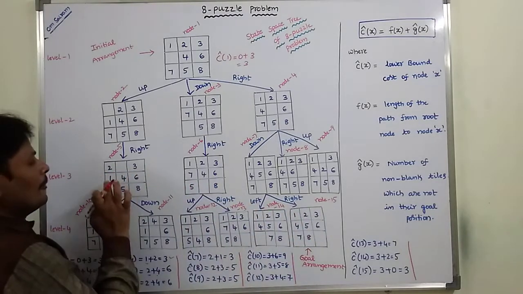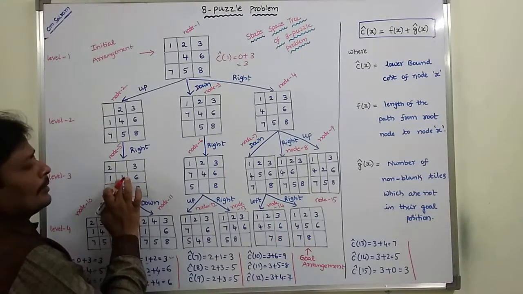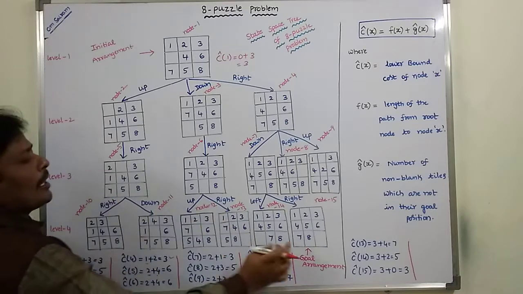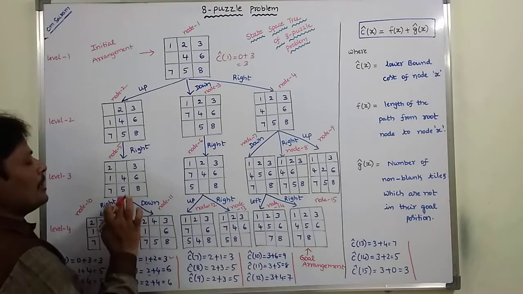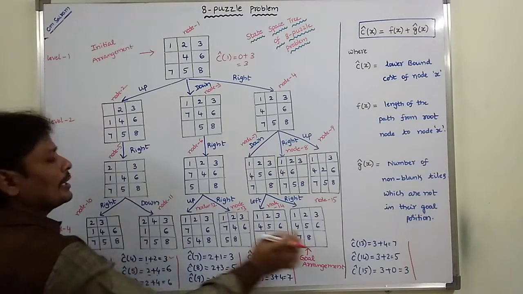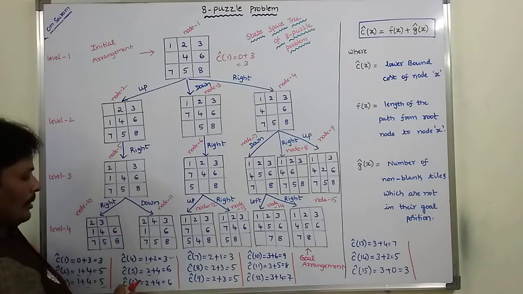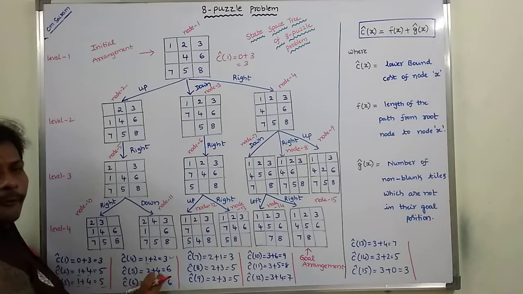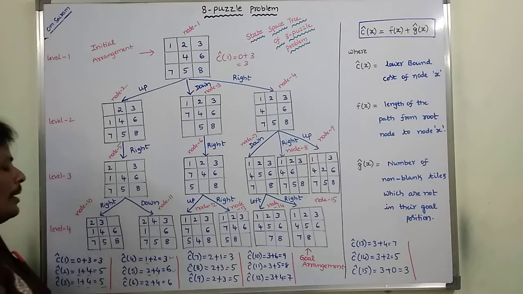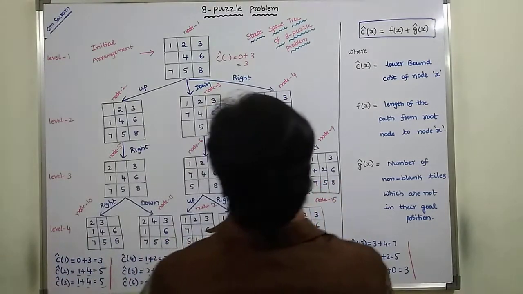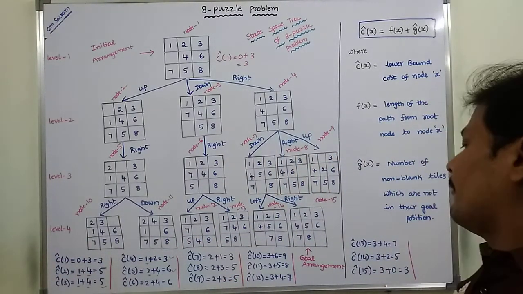Third, same. Fourth, wrong position. Fifth, wrong position. Sixth, same. Seventh, wrong position. Same, correct position. Eighth, wrong position. And this is also a wrong position. Total 5. So 5 minus 1, 4. 2 plus 4, that is equal to 6. Okay. So in this way, we have to calculate the cost for each and every node.